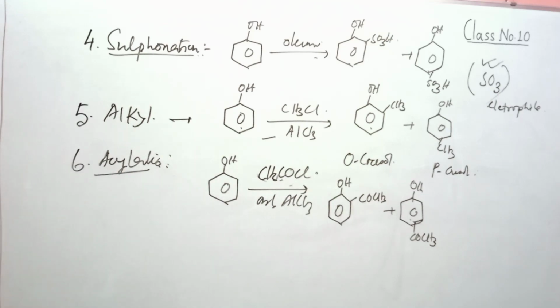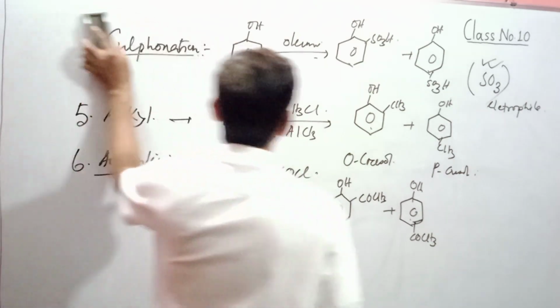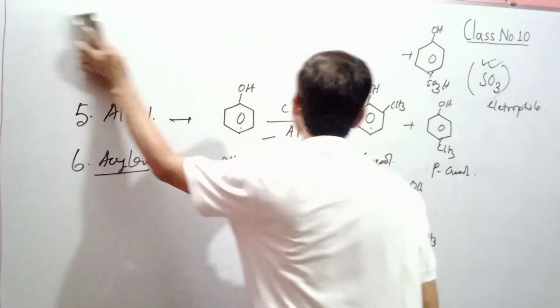So we have got nitration, bromination, sulfonation, alkylation and acylation. Very simple, not tough.